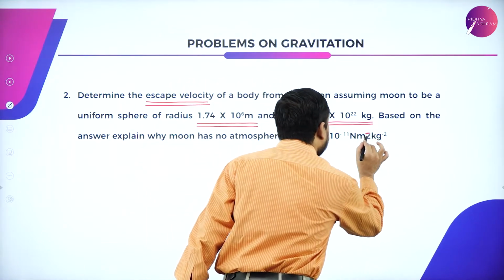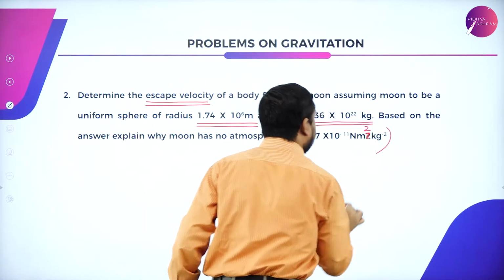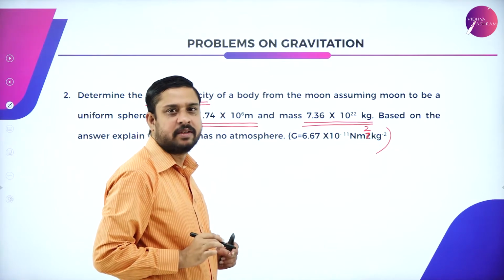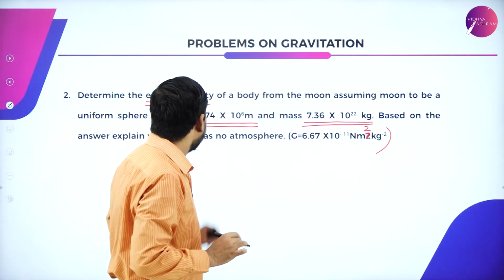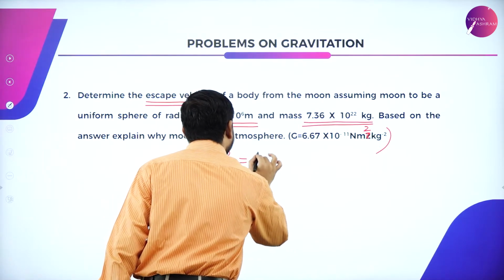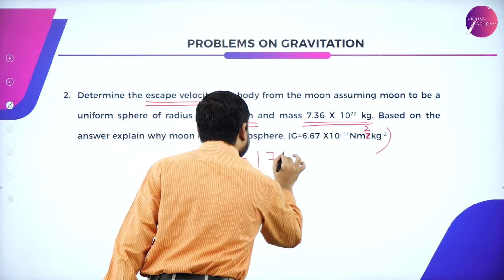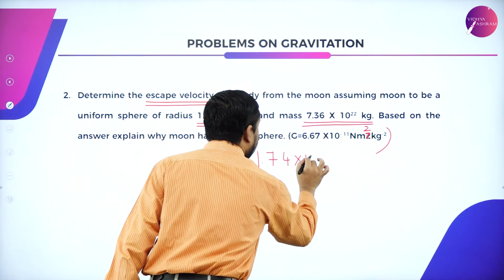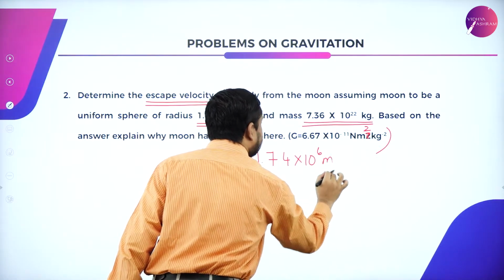Now, the value of the gravitational constant is given. So, we have the radius of the moon 1.74 into 10 power 6 meter.